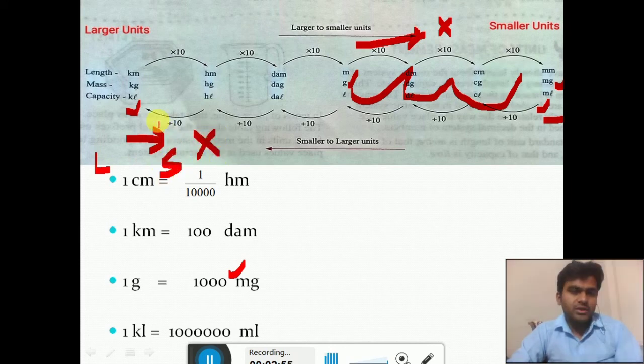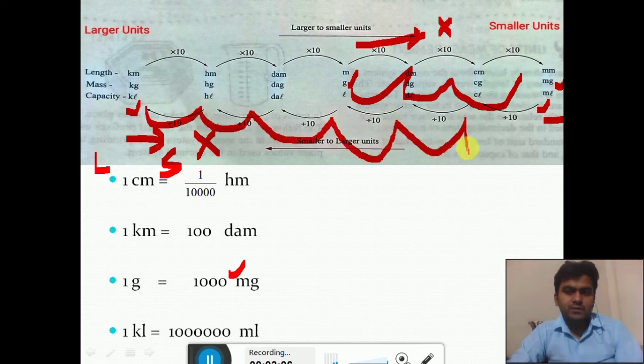Now by which number? Count the number of jumps and multiply by that number. 1, 2, 3, 4, 5, 6. 6 jumps. That means multiply by what? 1, and after 1 how many zeros? 6 zeros. So you can convert a kiloliter into milliliter.